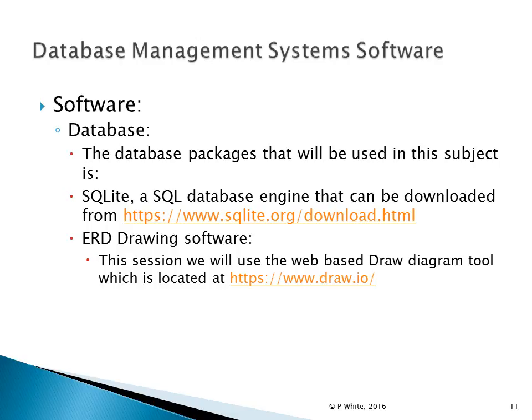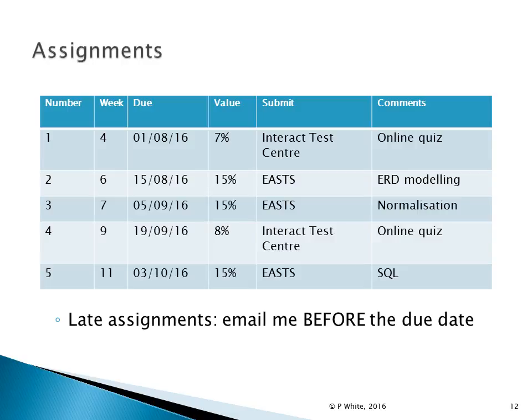The drawing software we'll use for entity relationship diagrams will be the web-based draw.io, which we can get from https://www.draw.io. This is an online one, so it's just a matter of being able to use it. You can then save your diagrams to either Google Drive, OneDrive, Dropbox, or back to your local device. We'll have a look at that in our first tutorial.